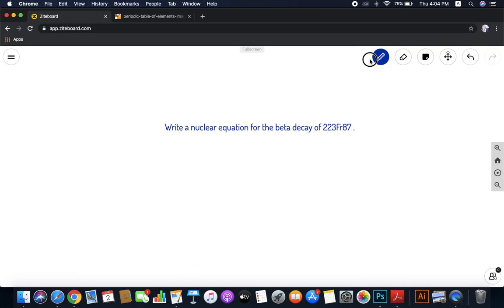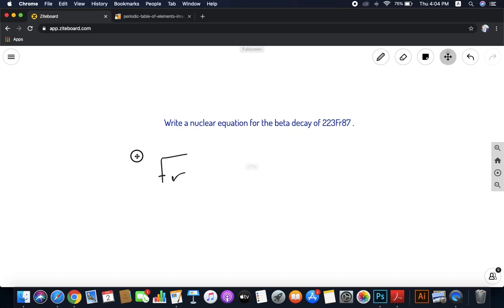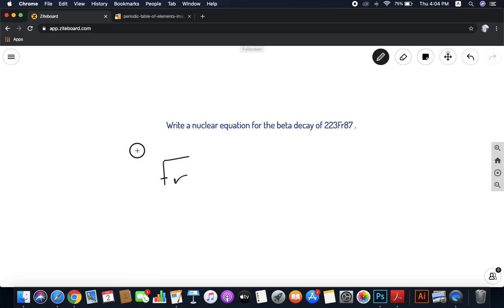So here I will write Fr 223 and 87. Now, it's going through beta decay.